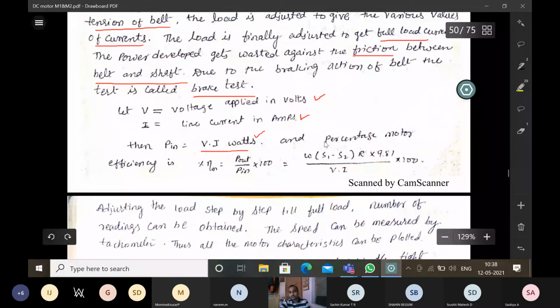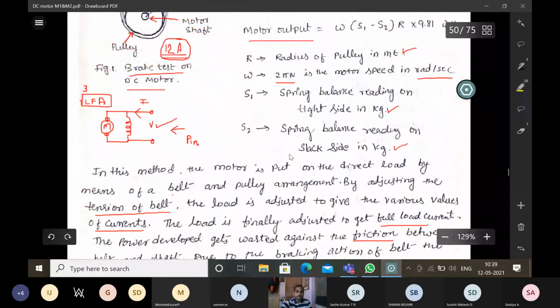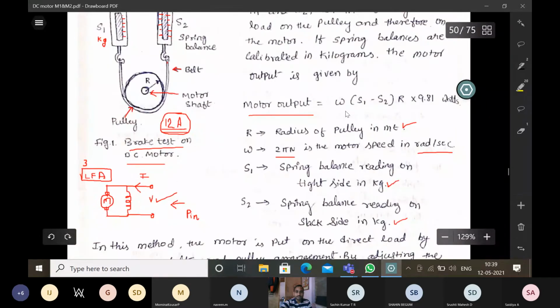The percentage efficiency of the motor is given by eta m equals P out by P in. P in is calculated as VI watts, and P out, the motor output, is calculated through the formula omega into (S1 minus S2) into R into 9.81.